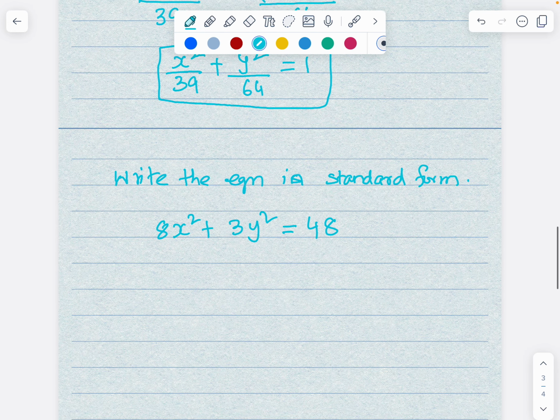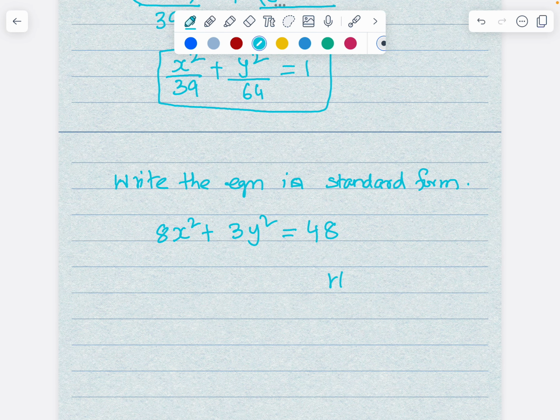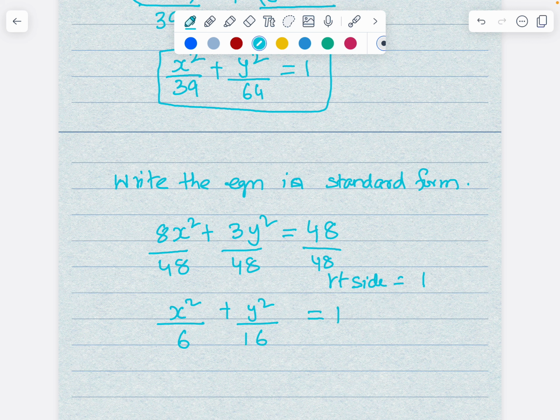Now, in the standard form, the right hand side should be 1. So to achieve that, we divide everything by 48. So then this becomes x square by 6 plus y square by 16 is equal to 1. Pretty straightforward. So in the standard form, the right hand side should be equal to 1.